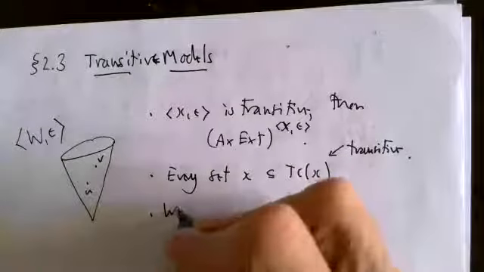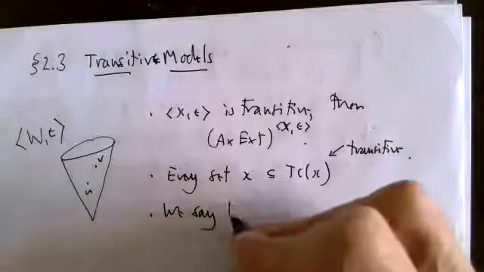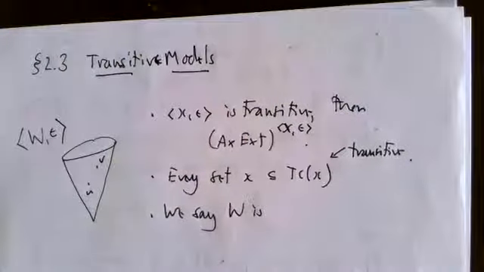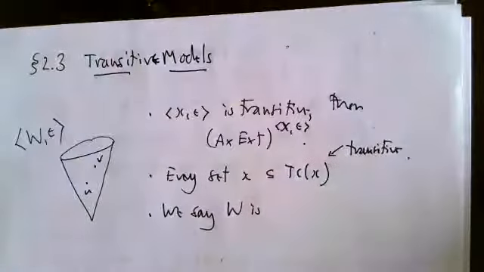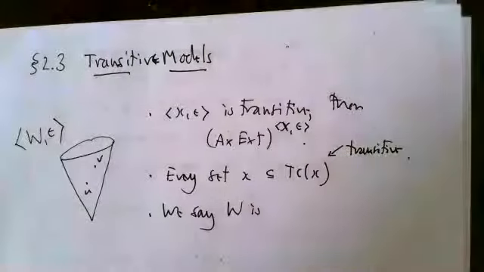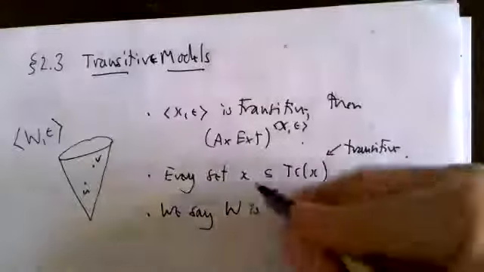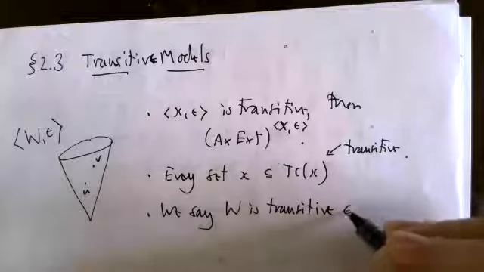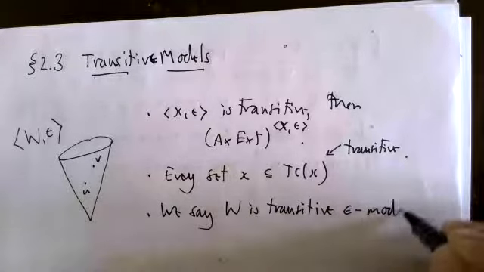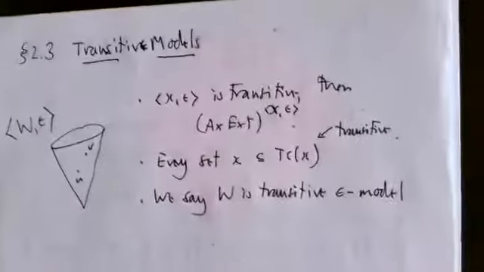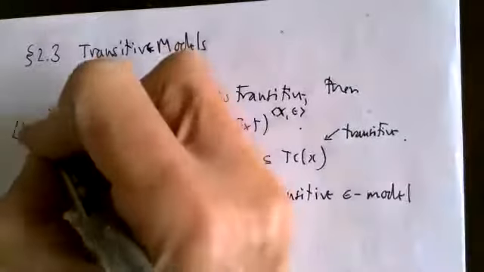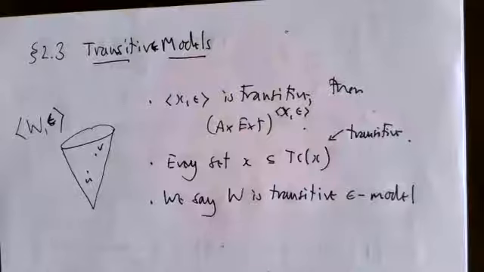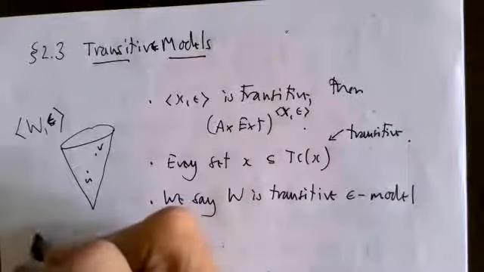So we say W is a transitive epsilon model, just to emphasize the fact that the epsilon relation is the binary relation on W.